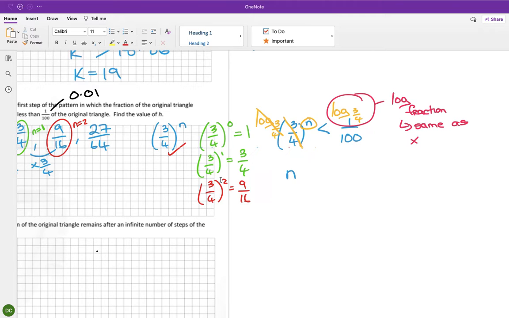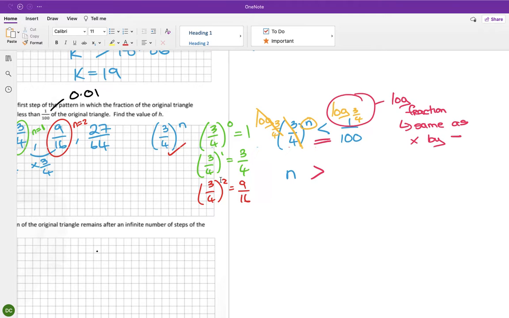And when you multiply an inequality by a minus, you have to switch the inequality. Okay? So when the base of the log is a fraction, it has to be a proper fraction. It can't be top heavy, it has to be proper. But when it's a proper fraction, it's the same as multiplying by a minus, and you need to switch the inequality.